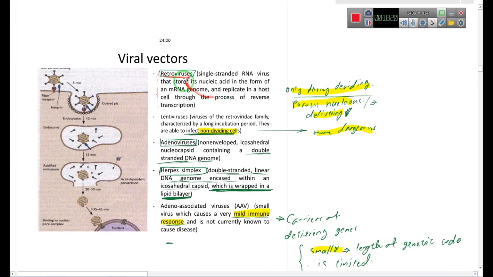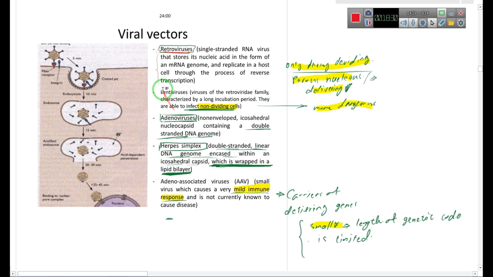In this slide, we have 5 different types of viral vectors. I don't know whether you have to memorize all of them or not, but just remember that the retroviruses are dangerous because they can enter the cells when they are dividing, because when the cells are dividing, they're porous.